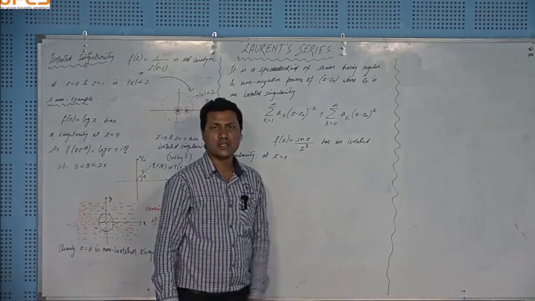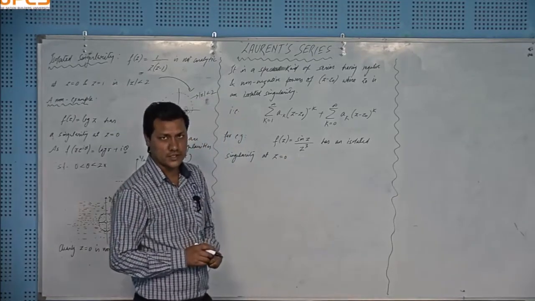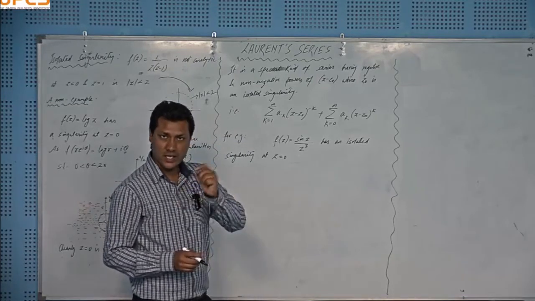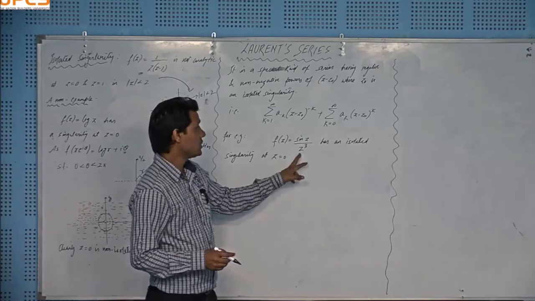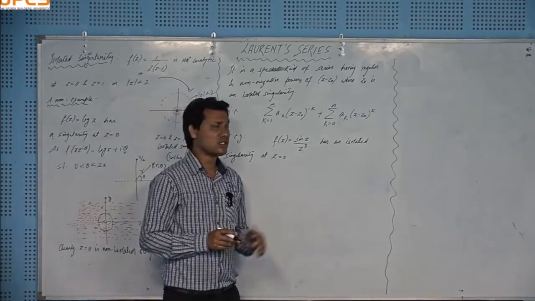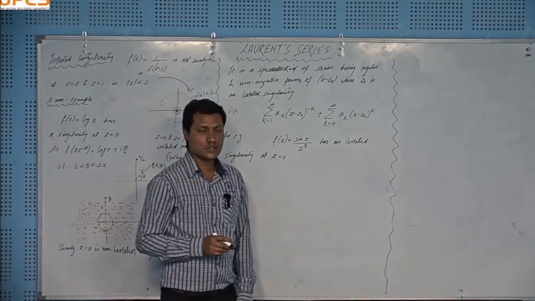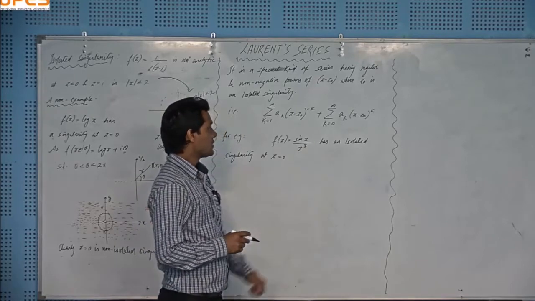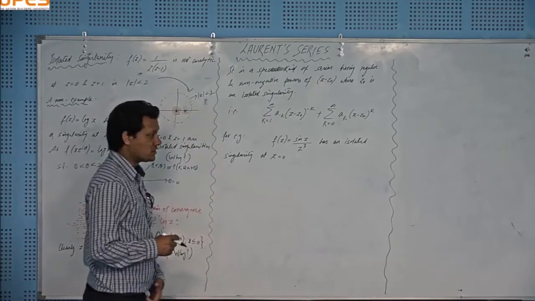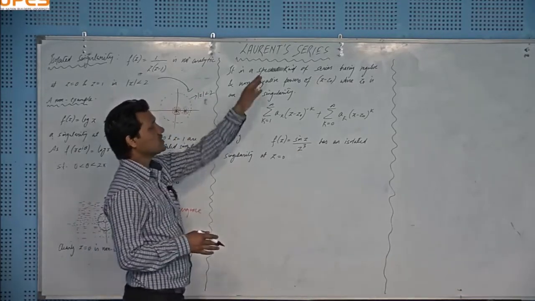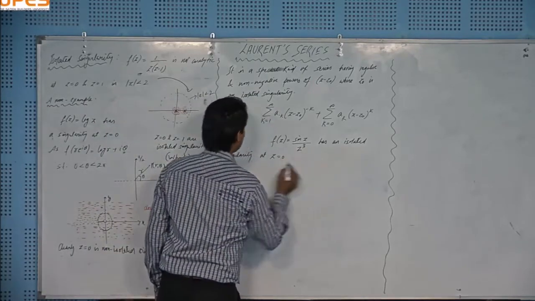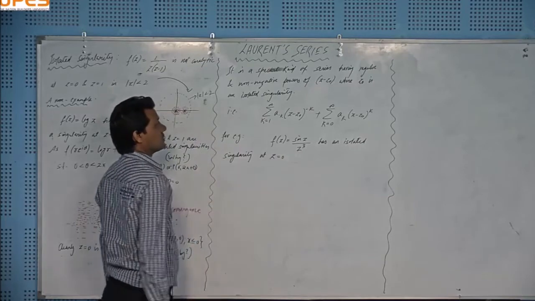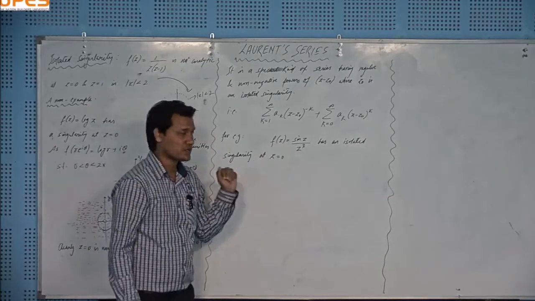Because there is no other singularity, only z equal to 0 is a singularity, right? And if you draw an open disk or neighborhood around z equal to 0, there will be no other singularity other than this one. So that's why we are calling it an isolated singularity, right? So it means that a Laurent series is possible, because this is the important assumption for getting a Laurent series, having an isolated singularity at that point, right?